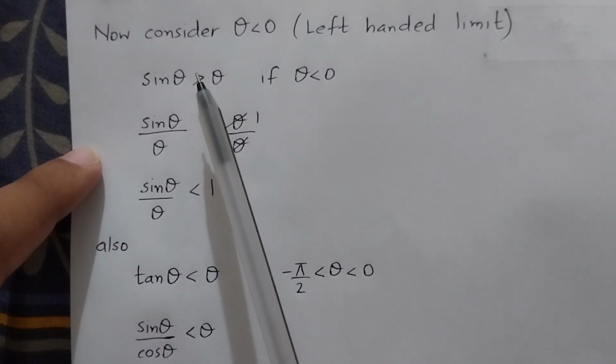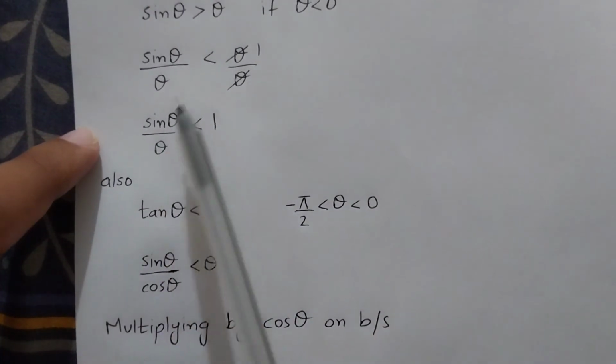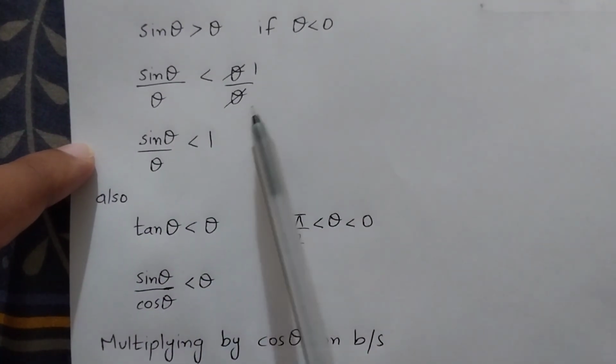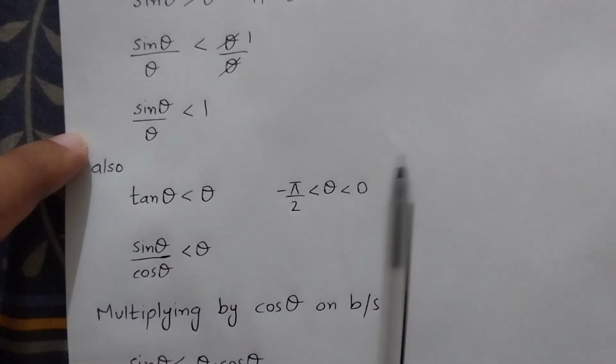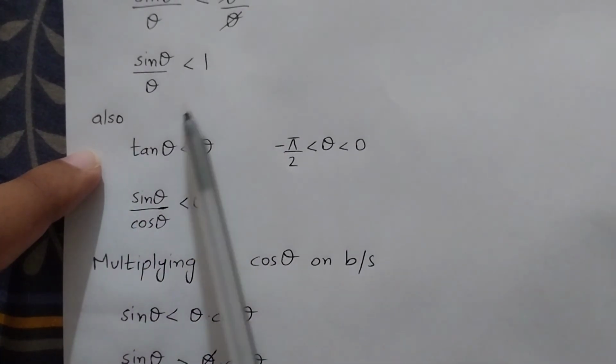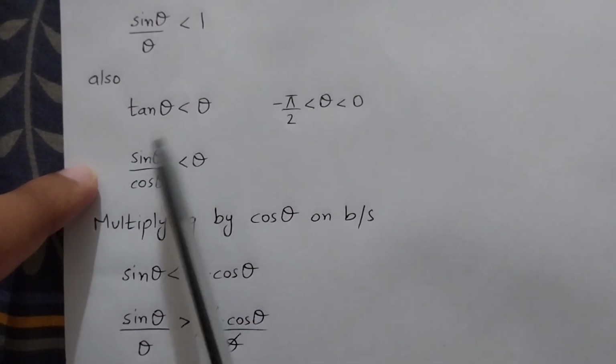So the greater than sign becomes the less than sign. So sine theta over theta is less than theta over theta, and theta cancel out. We are left with sine theta over theta less than 1. So this is one of our inequalities which we need to prove this left-handed limit.